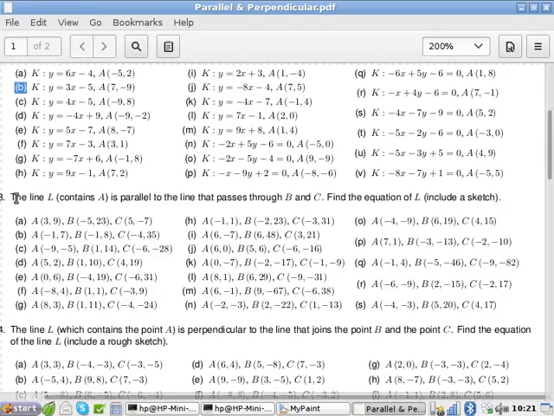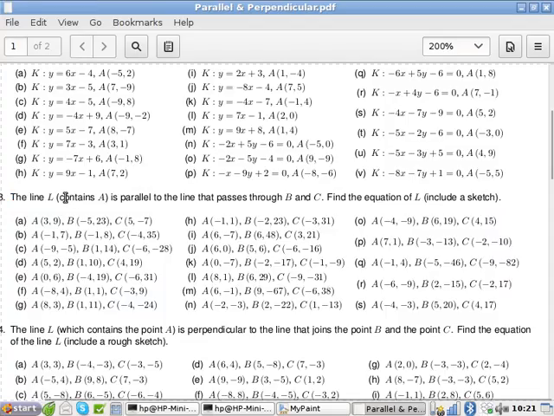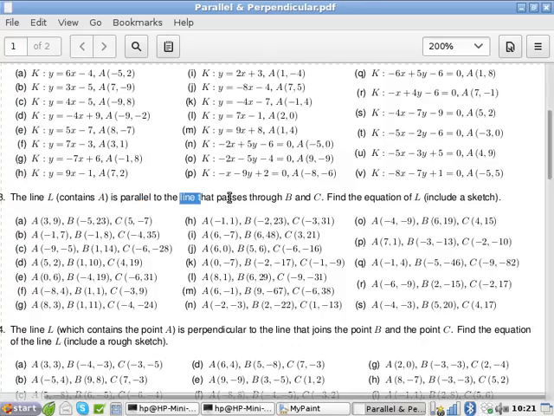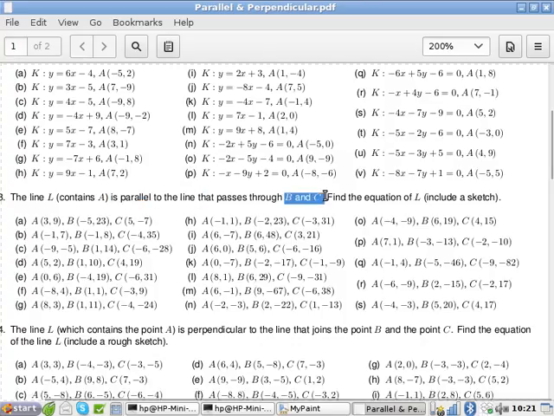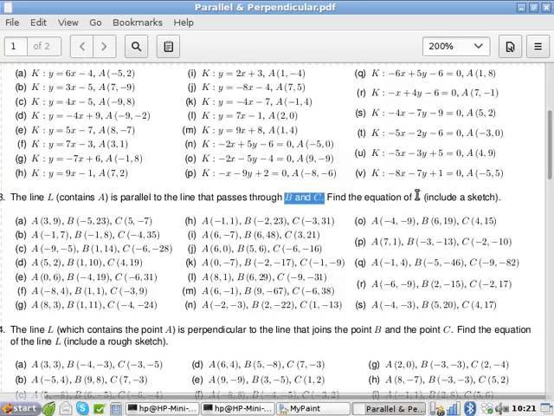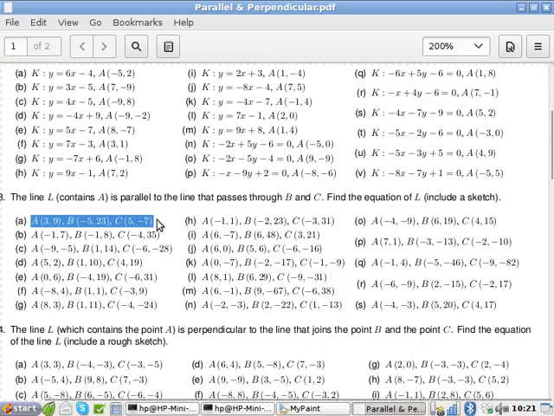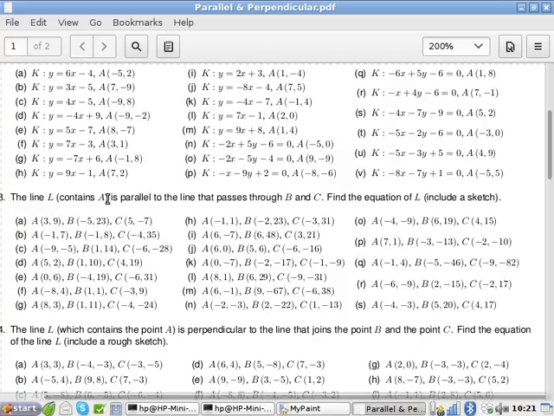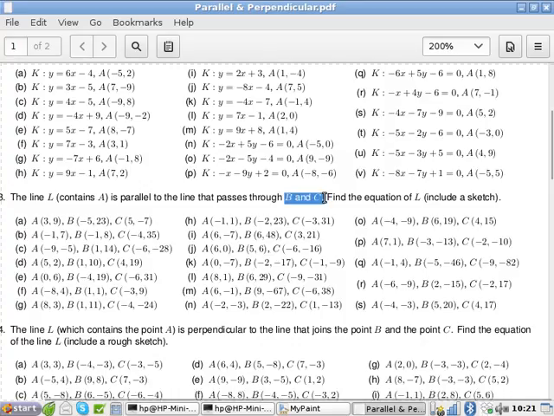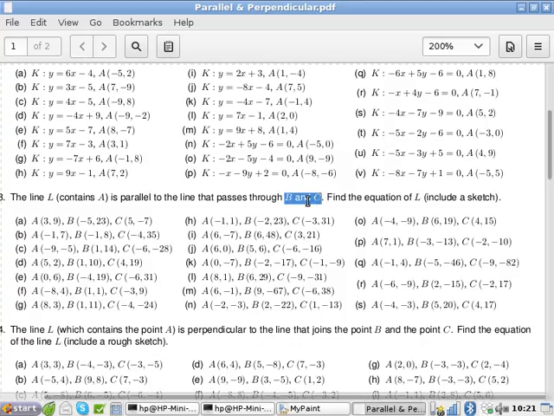So I tell you, the line L contains A, and is parallel to the line that passes through B and C. Find L. So I've given you 3 points, A, B and C. And I tell you that L contains A and is parallel to the line BC. Now I want to see if you can do this one by yourself. Then I'll do it.